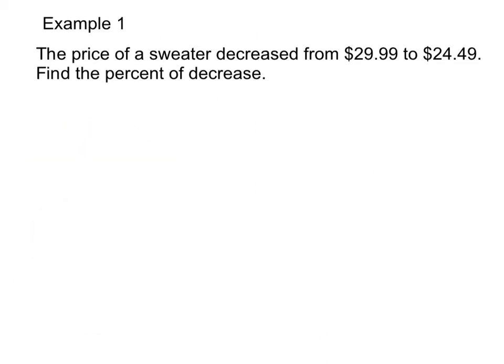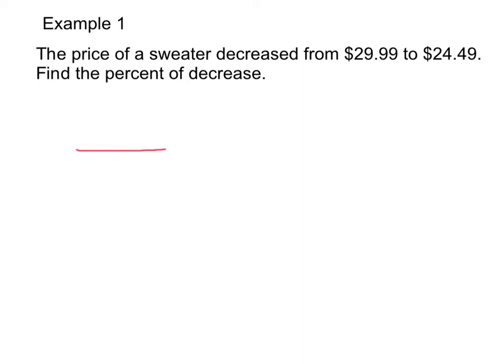So we're just going to review this as a basic percent of change problem. Example 1. The price of a sweater decreased from $29.99 to $24.49. Find the percent of decrease. So if you remember our formula, we have to figure out what the amount of change is and divide it by the original amount.